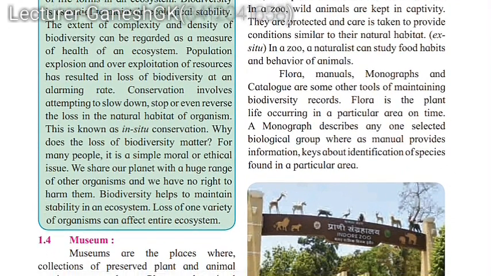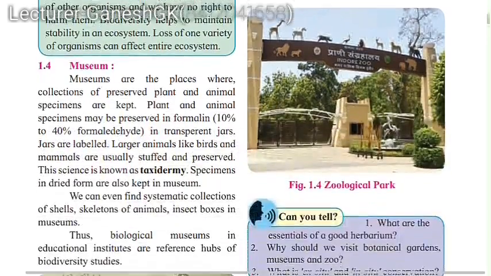The flora is the plant life occurring in a particular area at a time, and a monograph describes one selected biological group, whereas a manual provides the key information about the identification of the species found in a particular area. So the monograph is a particular book in which there is different kinds of information regarding the identification of the species found in that particular area.